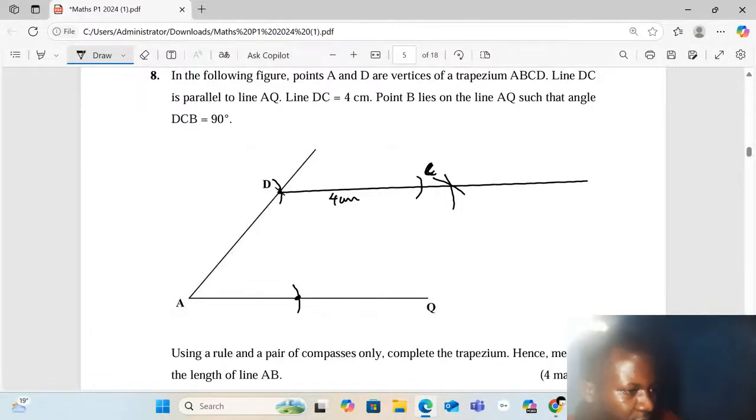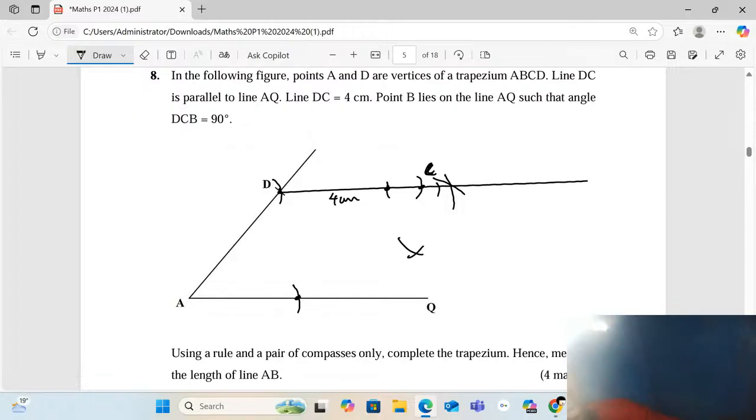Therefore, being at point C, make arcs here, then extend your compass a bit and make an arc here. Being at this arc, make another arc here to draw a 90, then to the other arc, make an arc there.